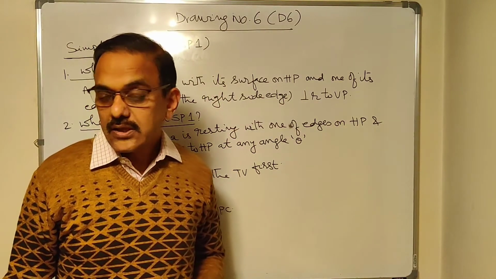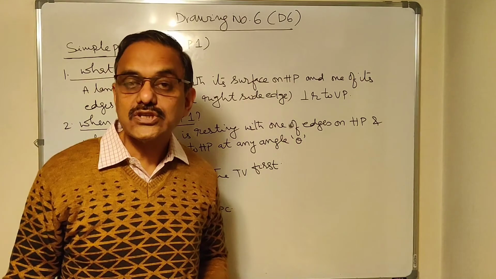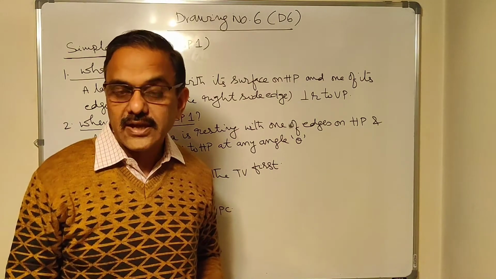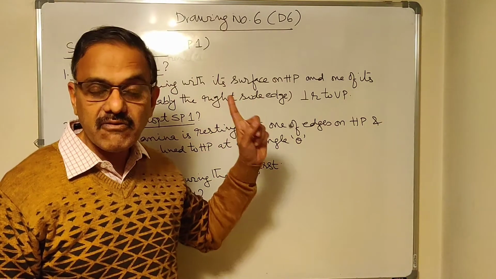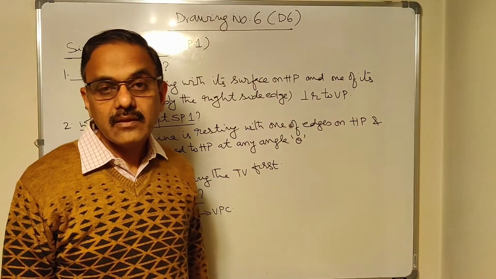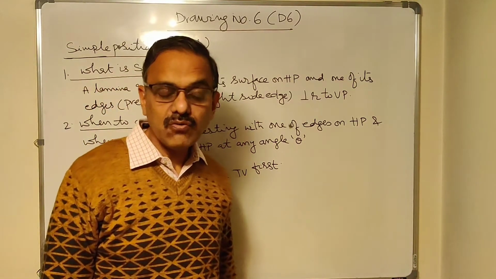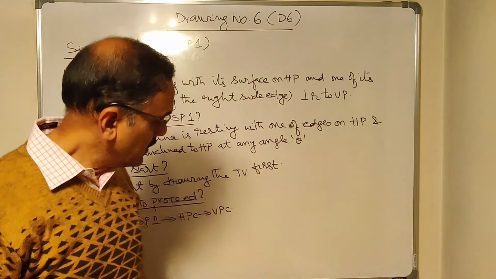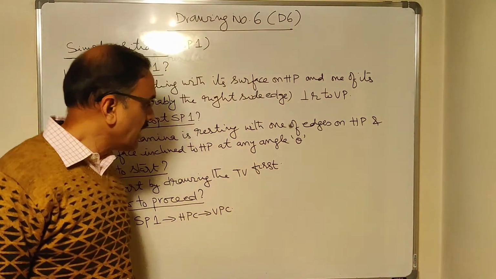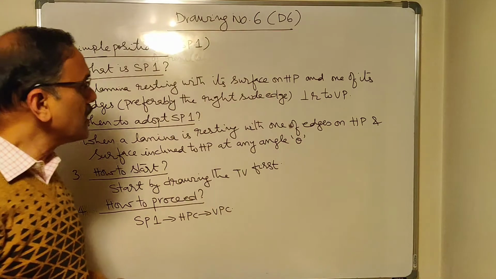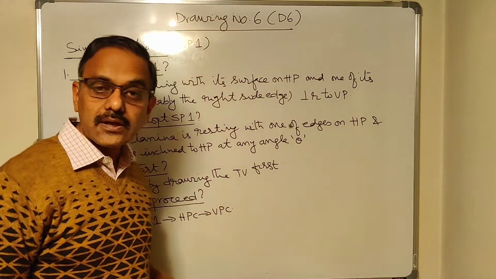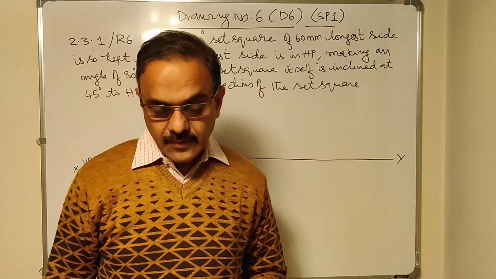When you read a problem, you should have an idea of which simple position the problem belongs to. As I mentioned already, there are four simple positions in projection of planes, so there are four drawings: drawing numbers 6, 7, 8 and 9. Drawing number 6 deals with SP1. Having understood this, let me start with the first problem in drawing number 6.